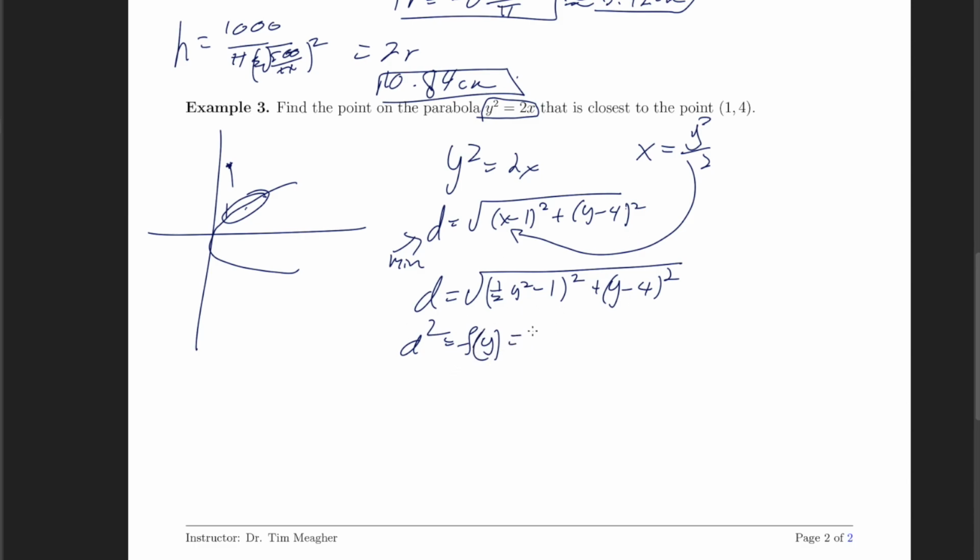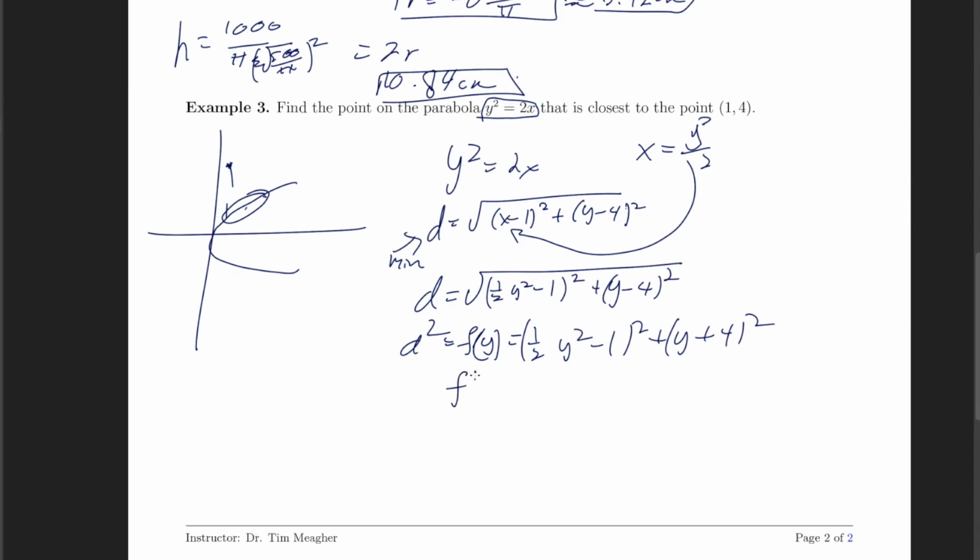The reason I want to do that is it just makes my life easier. Because if I square this, I just have (1/2 y squared minus 1) squared plus (y plus 4) squared, and I do not need to deal with the square root.